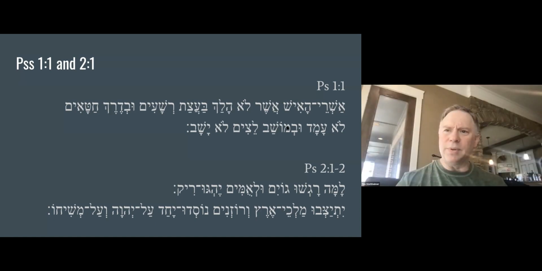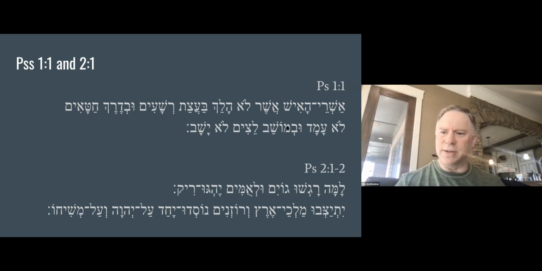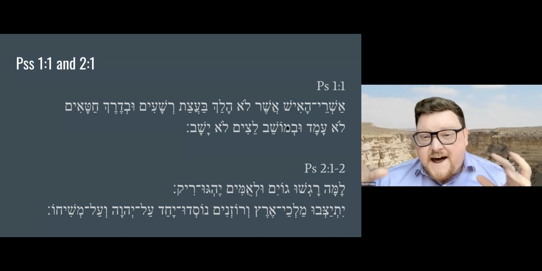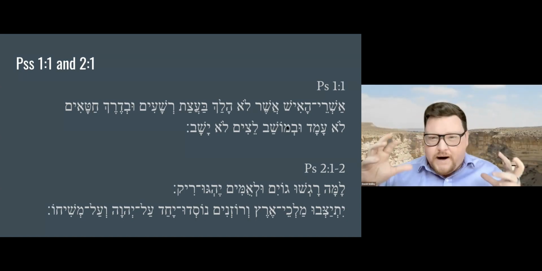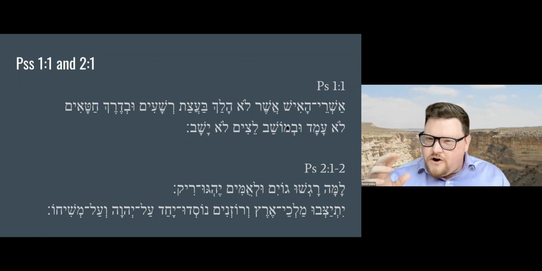So you have the path. And then later on, you've got obviously the tree, the stream, all of these very picturesque elements. And in fact, what happens in Psalm 1 is you get a picture of the Garden of Eden. Right?